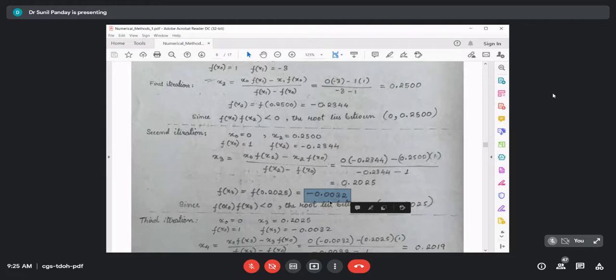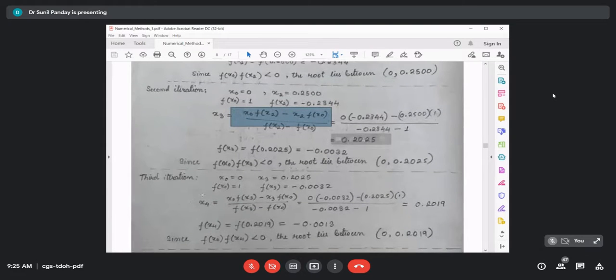If f of x0 into f of x3 is less than 0, it means in the above formula, now x2 is replaced by x3 to get the next approximation x4, because the root is now lying between x0 and x3.